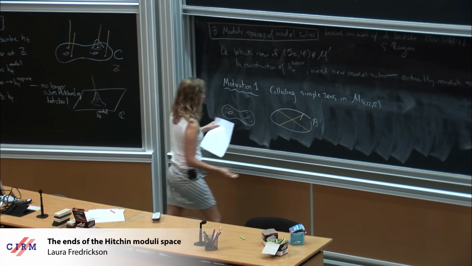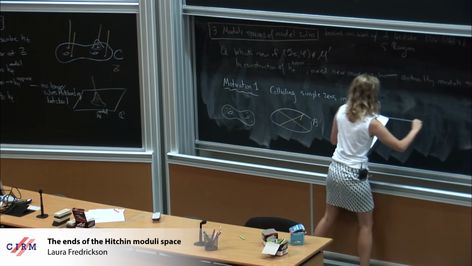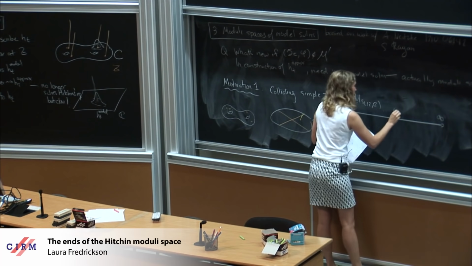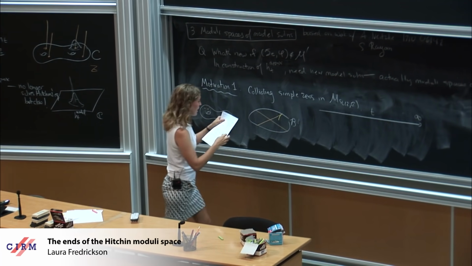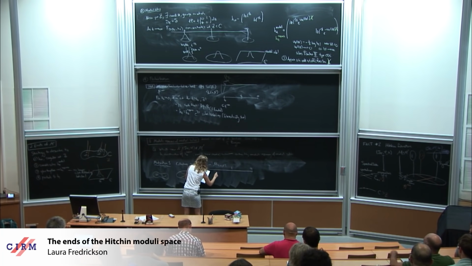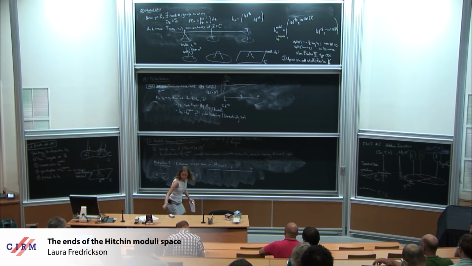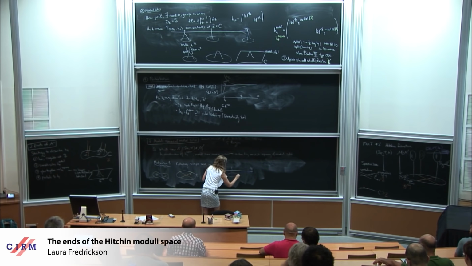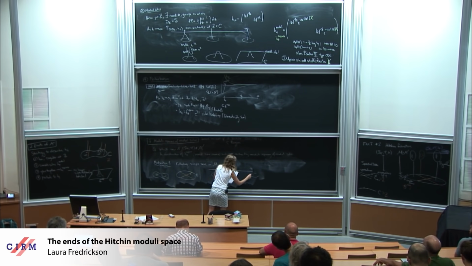Let me draw the picture of what you get there. Here I'm using this just formally, like up there. You start with the two zeros, and you have your solution of Hitchin's equations. They get closer as t goes to infinity, and then they eventually collide.